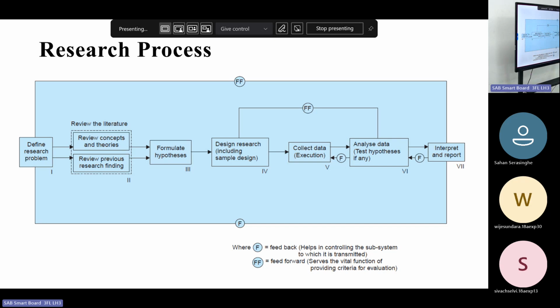How can you bring the academic perspective to the real world problem? You can refer to the existing findings on the same research area.